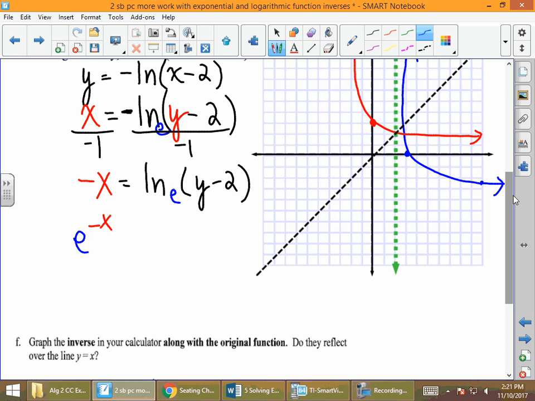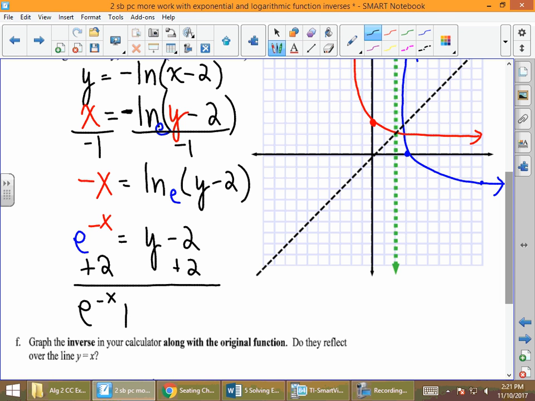It's going to be e to the negative x equals y minus 2. Now we can finish here by moving the 2 over to the other side, and we have e to the negative x plus 2, and that's our inverse.